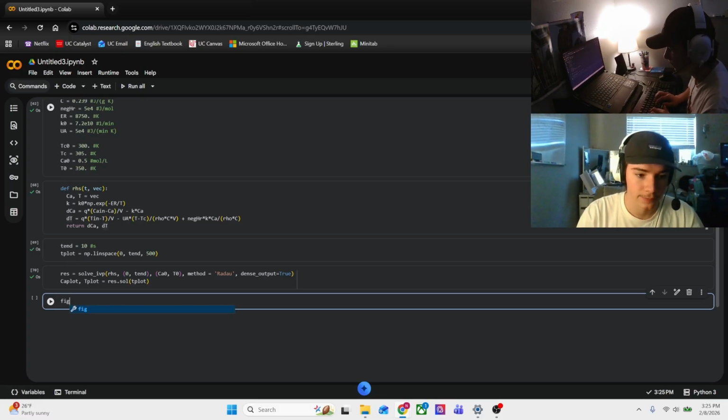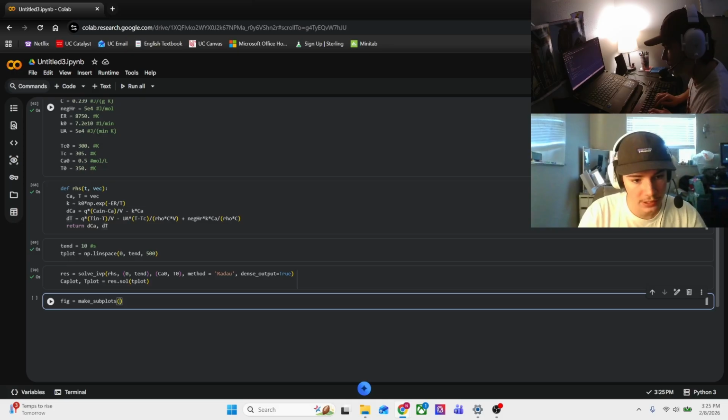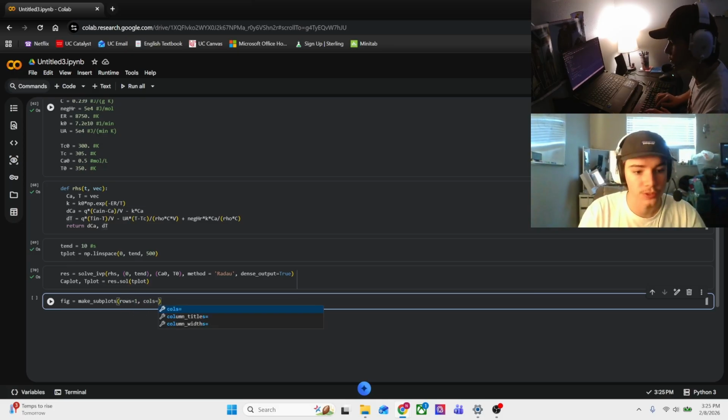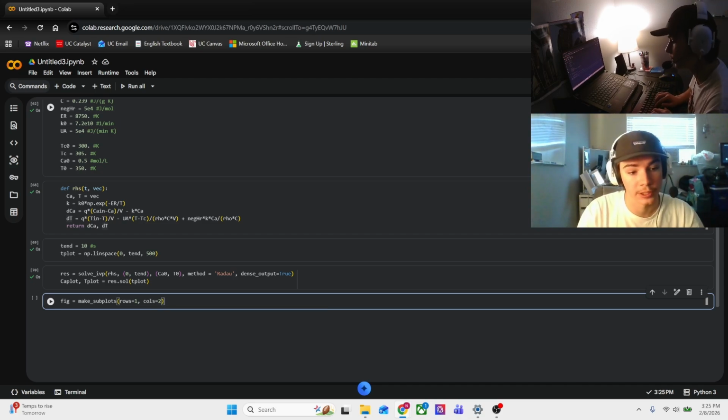So we're going to have figure equals make_subplots. This time around, we're going to have rows equals 1 and columns equals 2 because we're having two different plots on one figure.